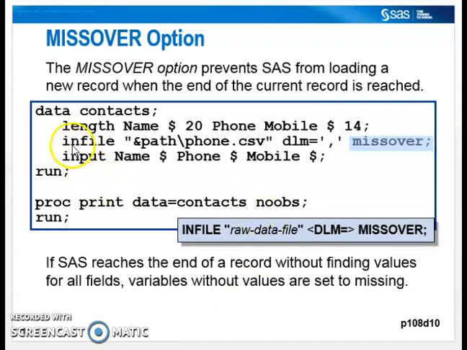You can put MISSOVER at the end of the INFILE statement. Okay, INFILE, raw data file, DLM, followed by MISSOVER. If SAS reaches the end of a record without finding values for all fields, variables without values are set to missing.